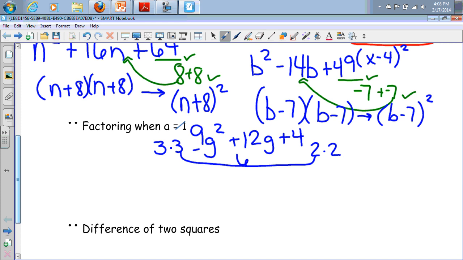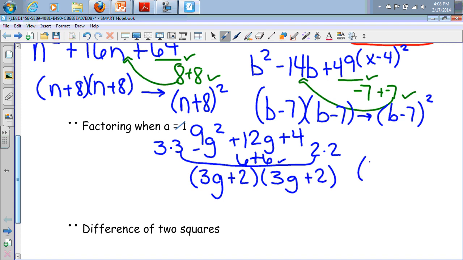Is 6 plus 6, 12? Yes. So my 9g squared comes down to 3g. Now we could have done the universal method and all of that, but this might just be quicker since we know they're perfect squares. Plus 2 times 3g plus 2. So I get 3g plus 2 squared.